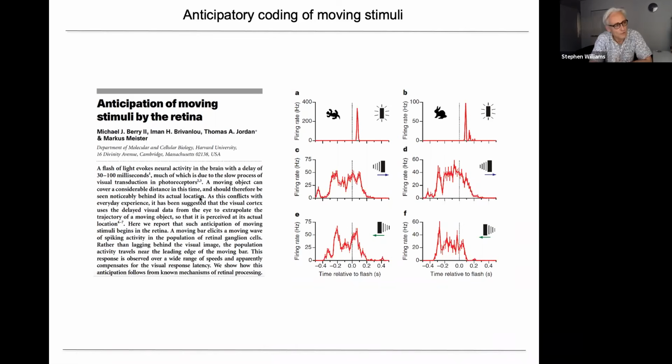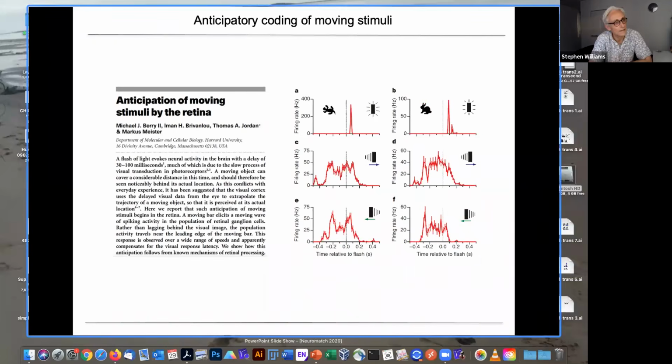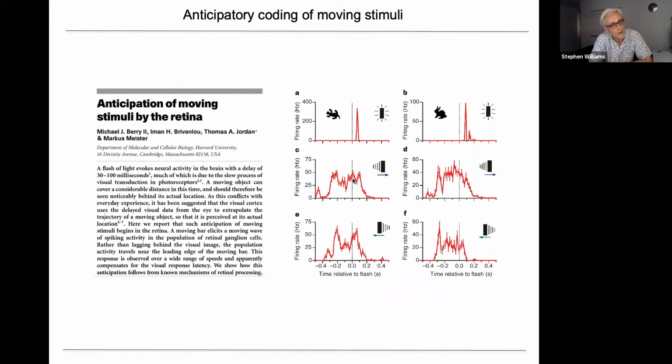He recorded one class of off retinal ganglion cell and flashed a light. He generated an off action potential firing pattern, both in the salamander and the rabbit. And then he moved a light stimulus across the retina and found, in terms of timing, that these cells demonstrated a sort of anticipatory behavior.